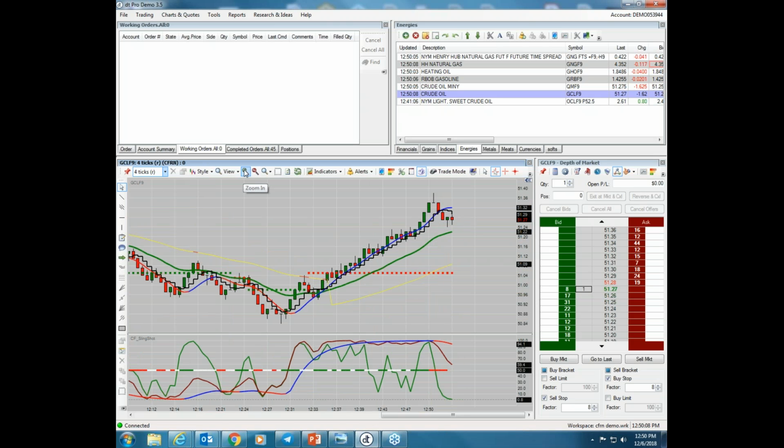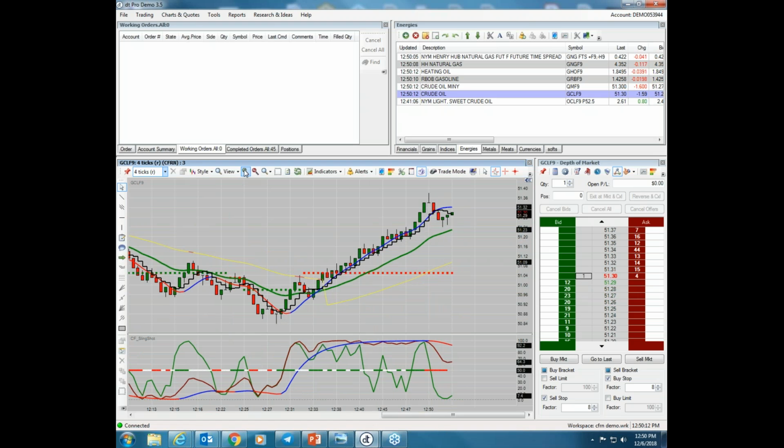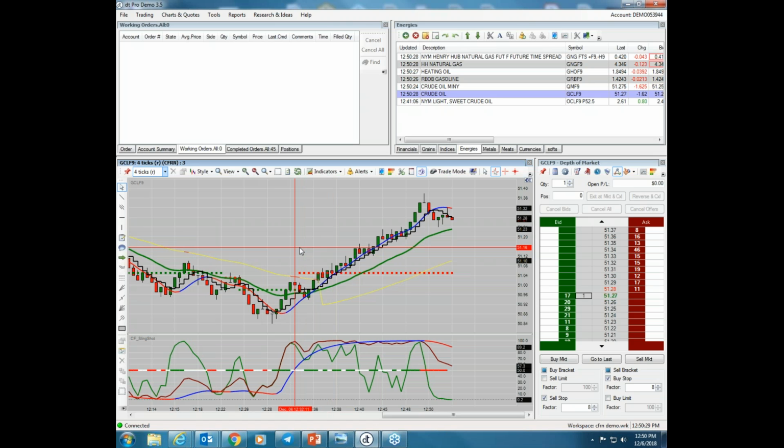Now, the indicator sets are available in Ninja. There are some tweaks you have to do to it. So if you are a diehard Ninja person, they're available. You just have to get the file from Michael, and Michael will help you from this point on. Okay. So again, if you're brand new, this is your CFRN syllabus.